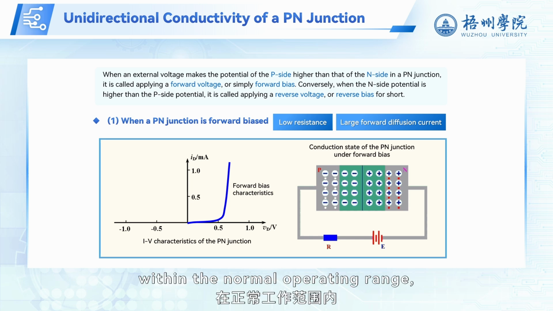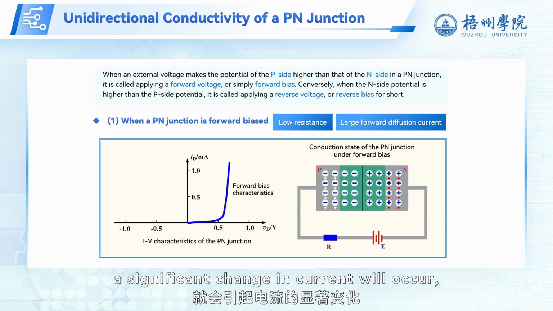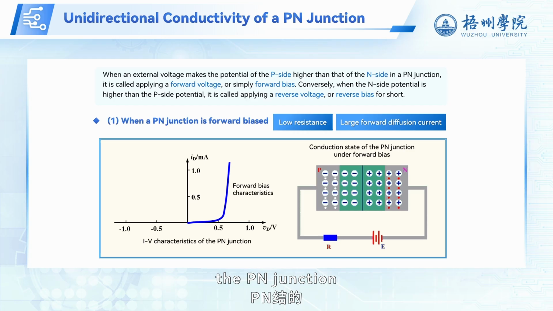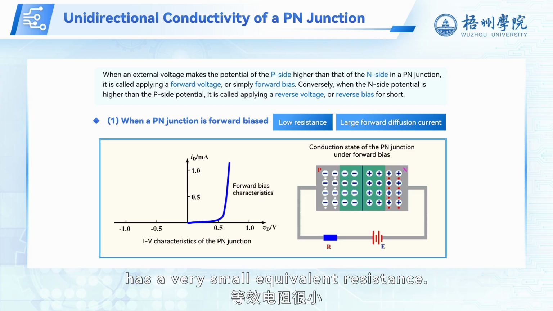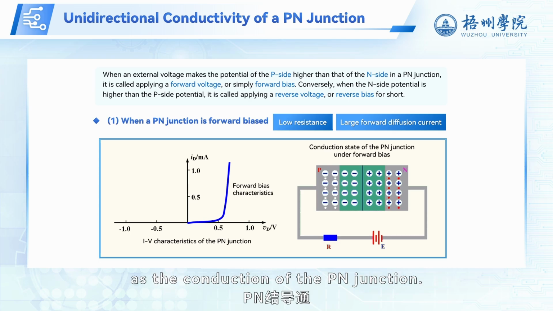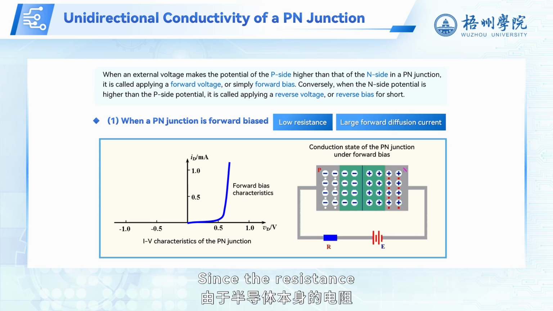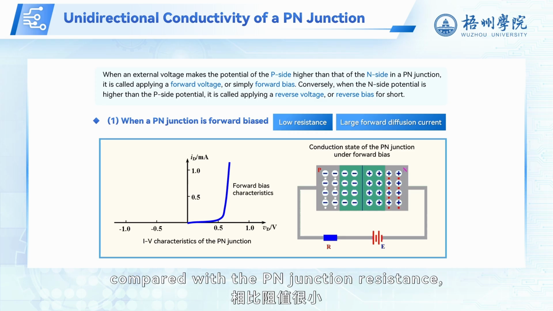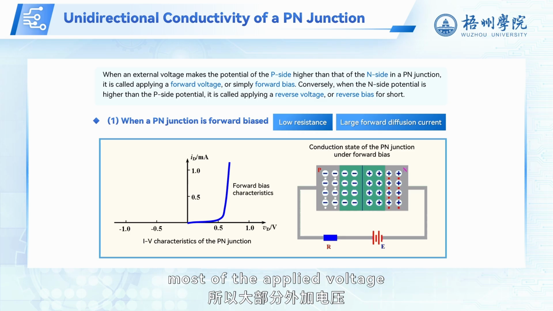Experiments show that within the normal operating range, a significant change in current will occur, indicating that under forward bias conditions the p-n junction has a very small equivalent resistance. This state is also referred to as the conduction of the p-n junction. Since the resistance of the semiconductor material itself is small compared with the p-n junction resistance, most of the applied voltage drops across the p-n junction.